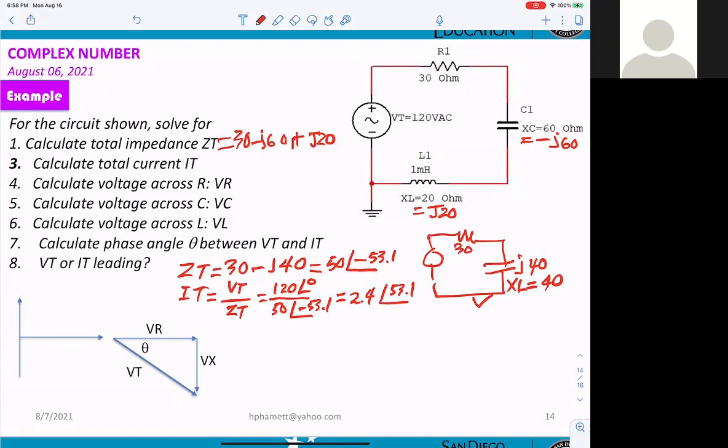IT is leading. When you calculate the IT, the phase angle is positive. Yeah.